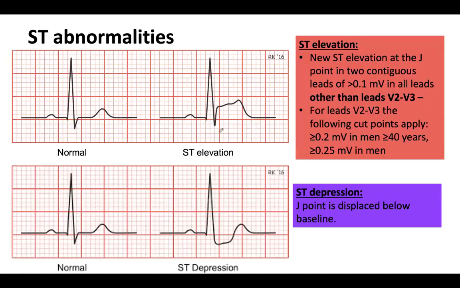In terms of ST segment abnormalities, you can either get elevation or depression. So you can see here, elevation depicted nicely. So your J point here, our end of the QRS and start of our ST segment, probably somewhere here.